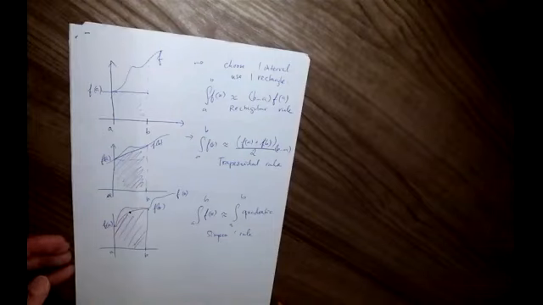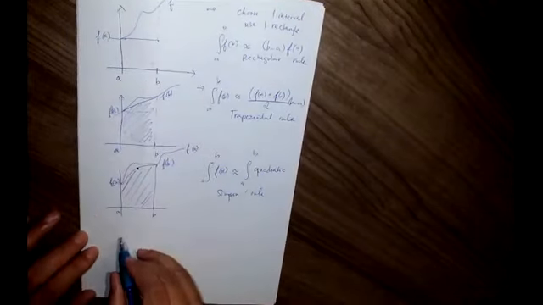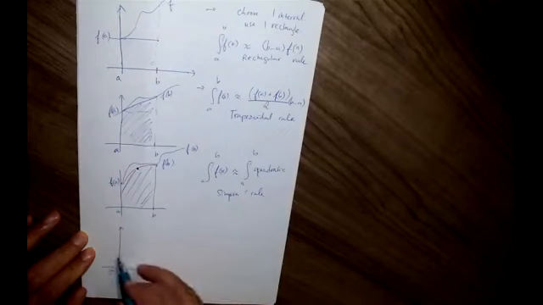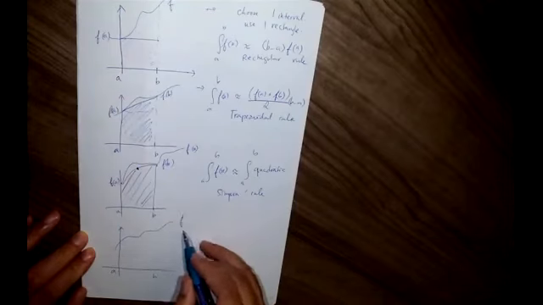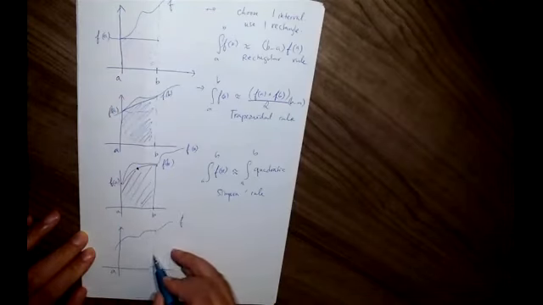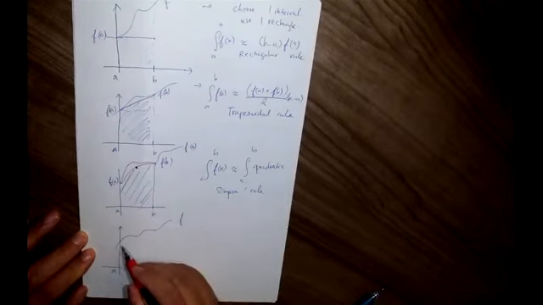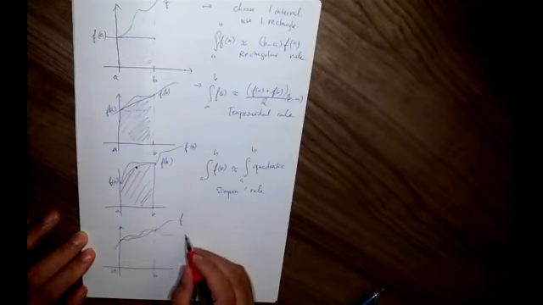Suppose you have a function from A to B, yeah. The function may be like this. Now I want to approximate the function by a polynomial of degree m. So this one is degree m.